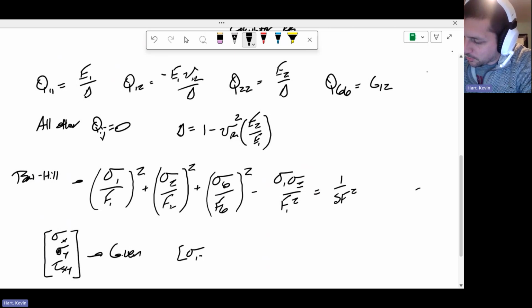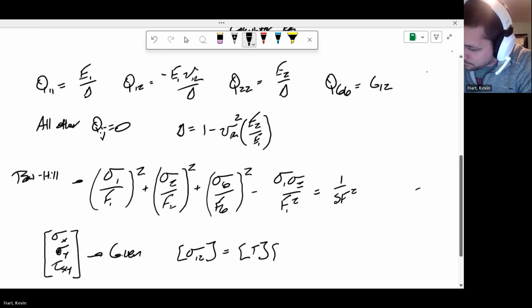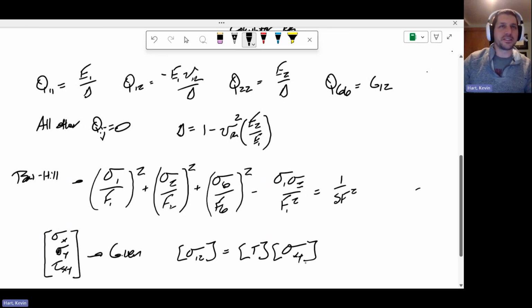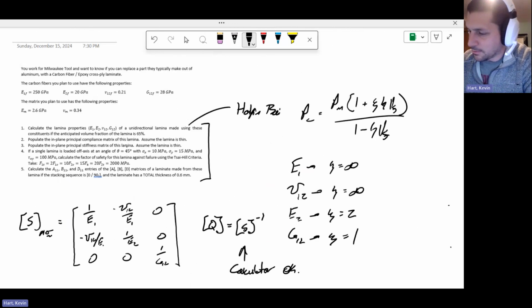Remember that we do that using the transformation matrix T, which uses cosines and sines of the angle that's given here. In our particular problem, it's a 45-degree angle, right?